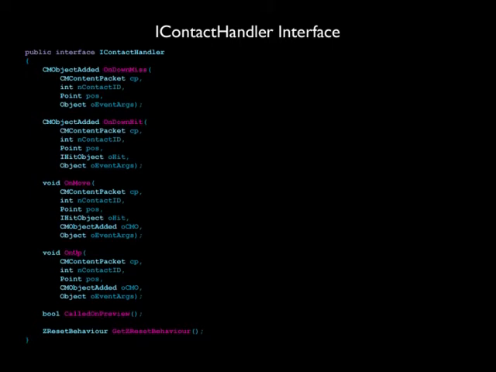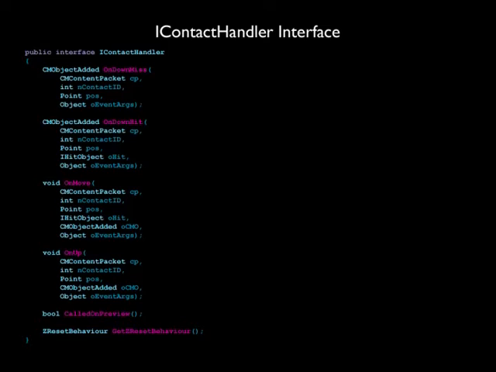Now let's look at the iContactHandler interface. iContactHandler defines 6 methods: onDownHit, onDownMiss, onMove, onUp, calledOnPreview, and getZResetBehavior. onDownHit and onDownMiss define the behavior for when contact is made or missed on a physics object.